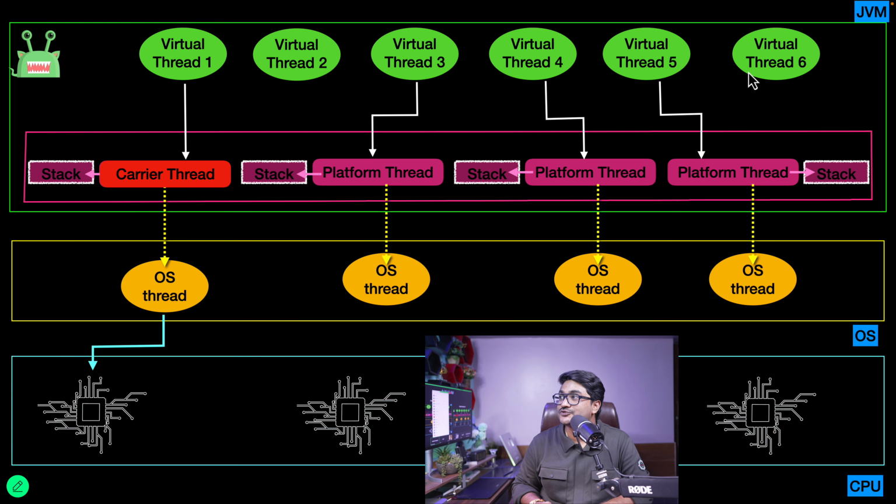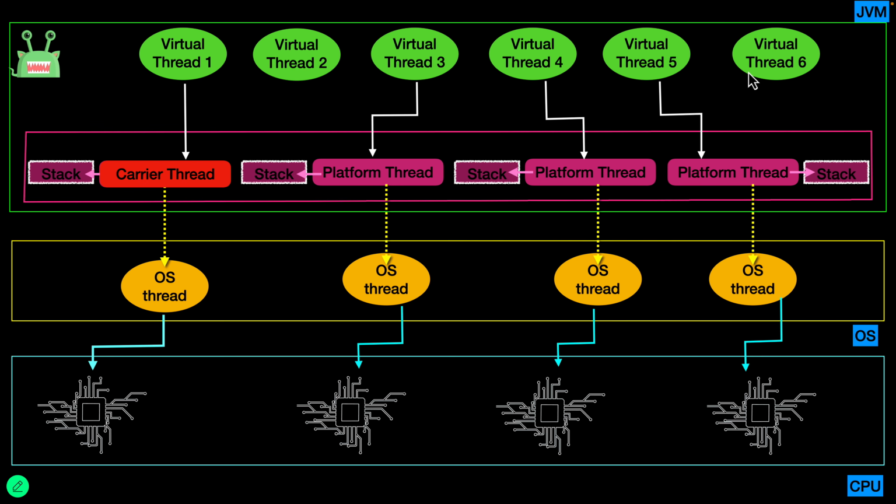That means all these virtual threads will be mounted to a platform thread. All these platform threads will be connected to the OS threads, and all these OS threads will be further connected to the core. That means the OS will be scheduling all these OS threads that we are creating and will give one processor to each.